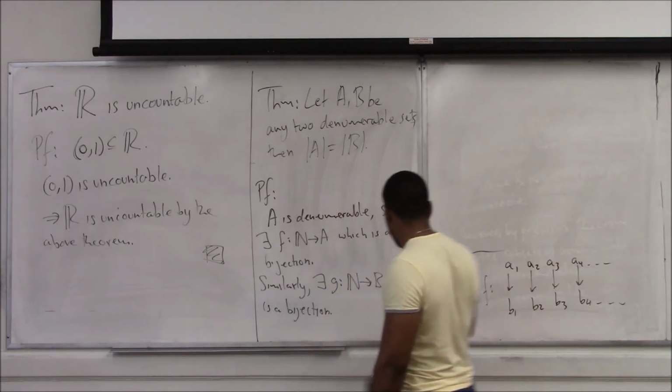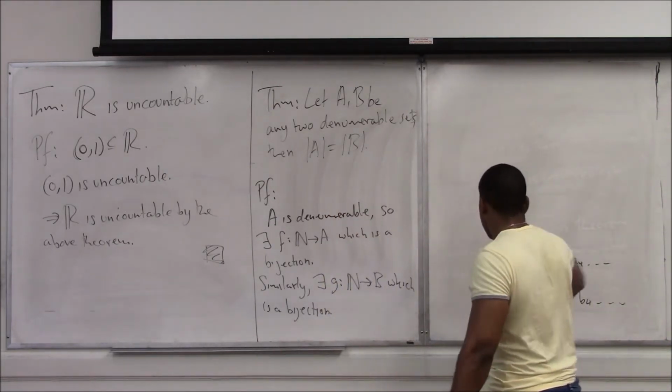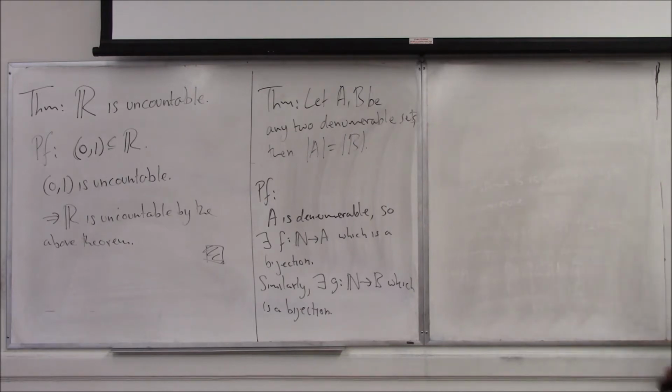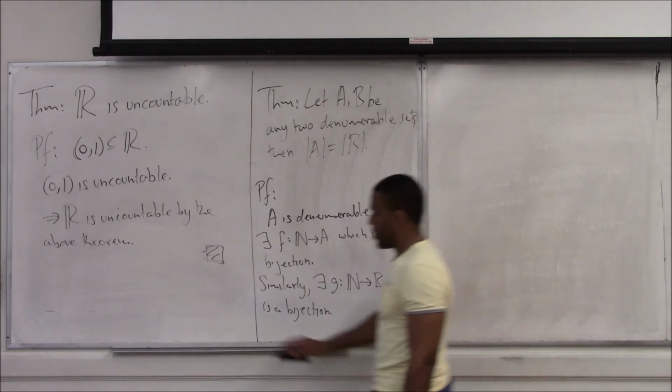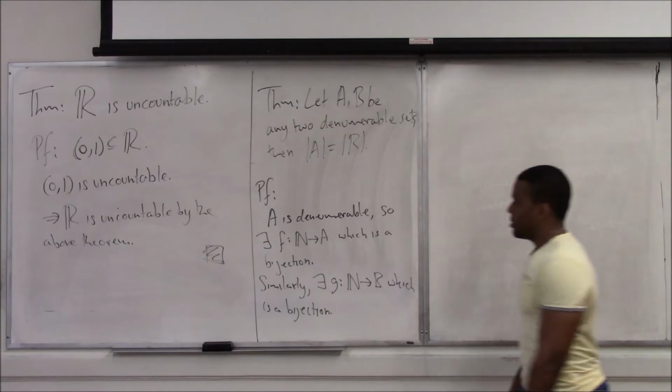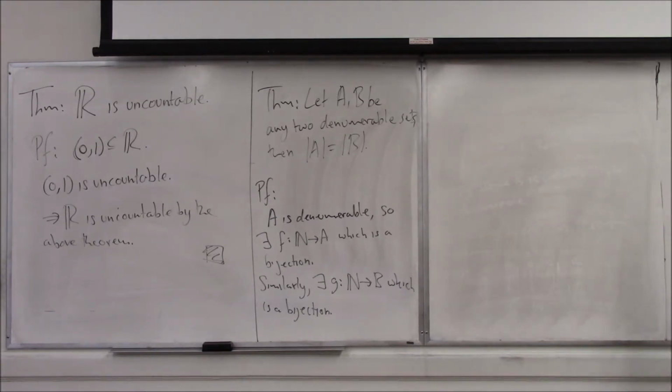So yes, that does work to say that. Okay. I'm going to something a little bit more elegant here. We can actually construct a bijective function from A to B, given that we have two bijective functions like that. How do you do it?